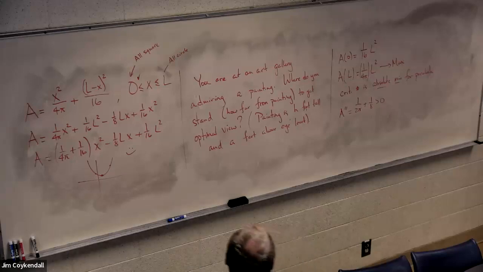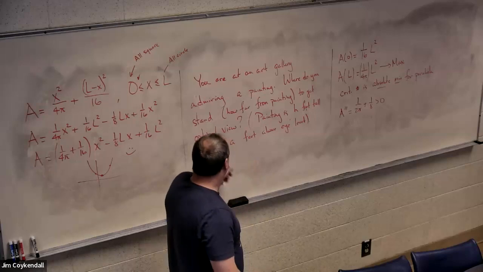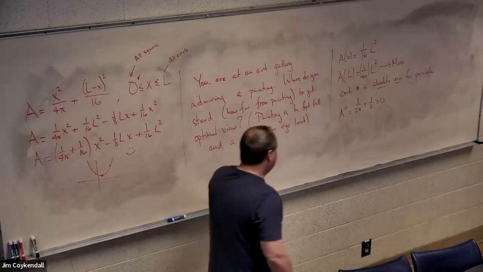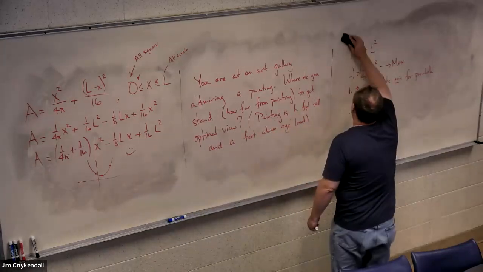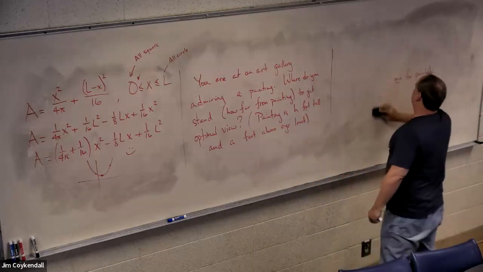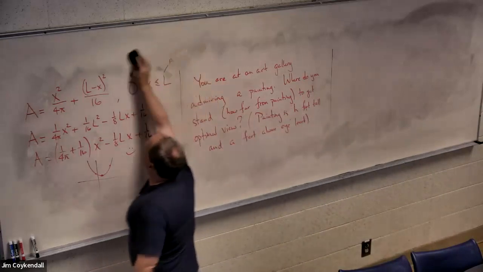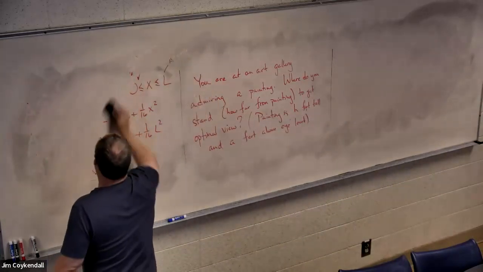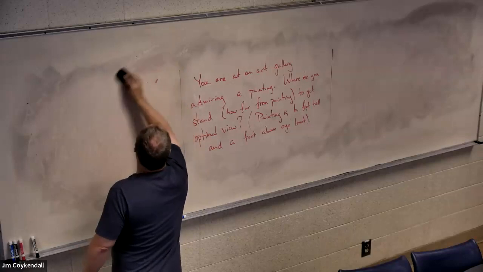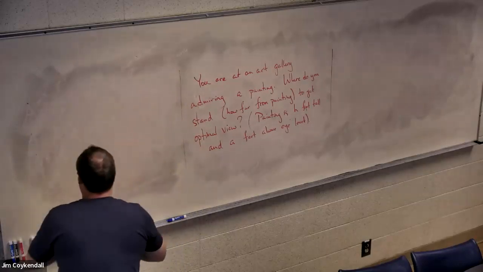But the first thing we're going to have to do is agree on what this even means. What do we mean by the best optical view? Let's label something up.